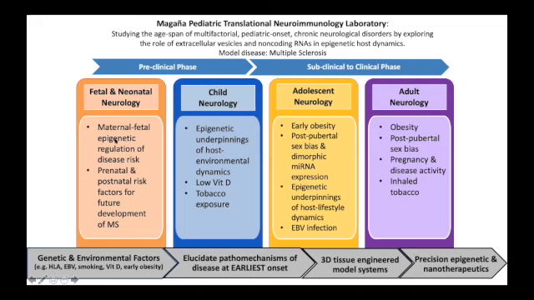And so there are some prenatal and postnatal risk factors that have been identified for future development of MS, but the mechanisms are unclear. And really just the whole age span of the disease confers different risk, and the mechanisms underlying those risks are not well understood.